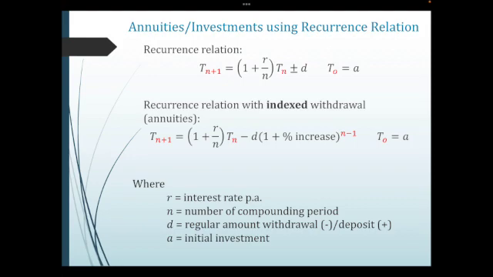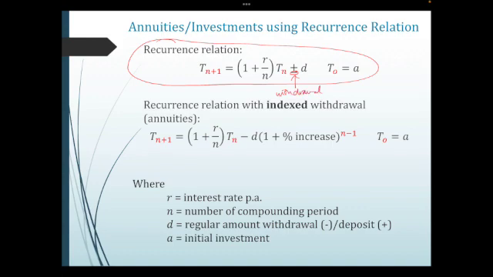Next thing, annuities and investment, and in fact, reducing balance loan using recurrence relation are all this equation, that's all. Basically, minus means you're withdrawing at a particular time frame.